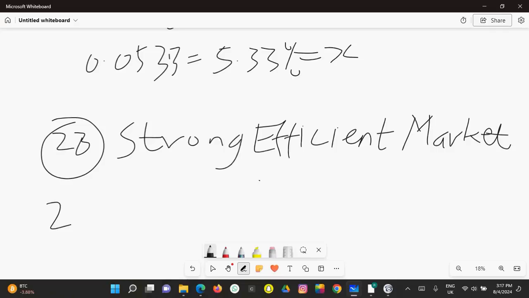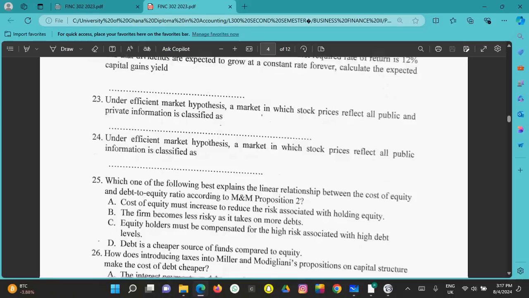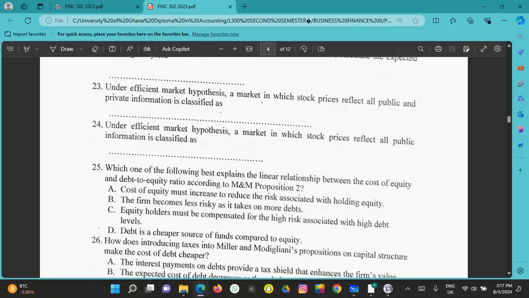And then 24: under efficient market hypothesis, a market in which stock price reflects all public information is classified as semi-strong. So strong has public and private information, while semi-strong has only public.